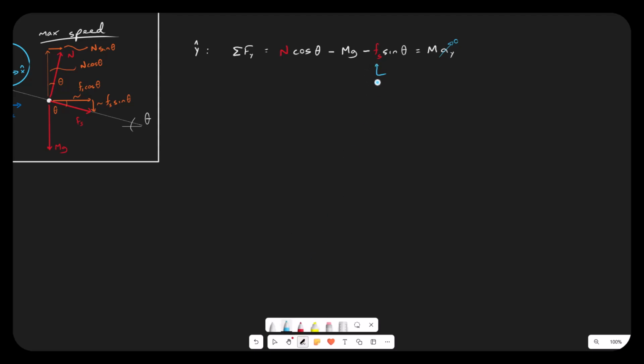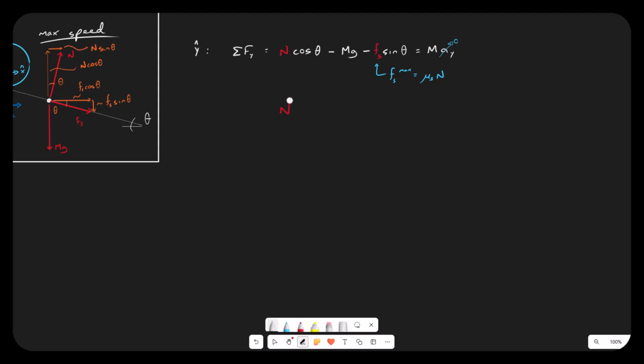My static friction force, if I'm looking at that max speed, I'm looking at the threshold value. So I want Fs max, and that's going to be equal to mu s times the normal force. So I can put that in already.